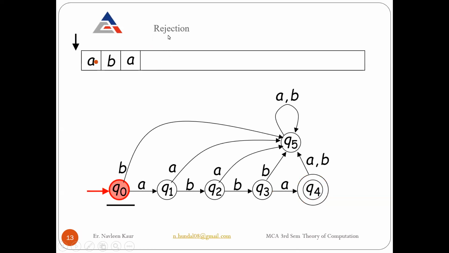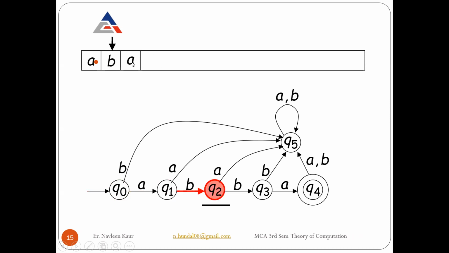After that, here is an example where the rejection of the string will happen. Let's suppose I have considered the string aba. Again I am in the starting state Q naught, and when a is processed, it takes me to Q1. Next, b is processed, and b passed to Q1 takes me to Q2.